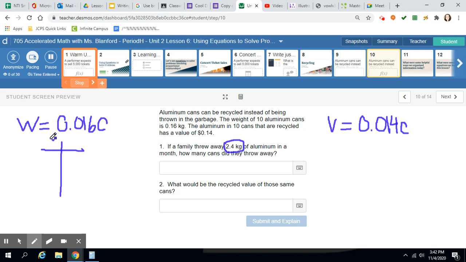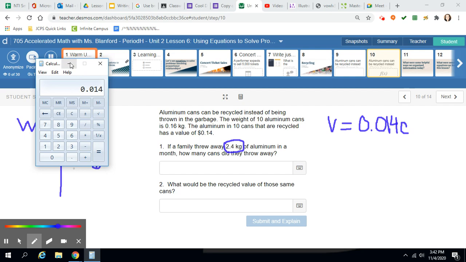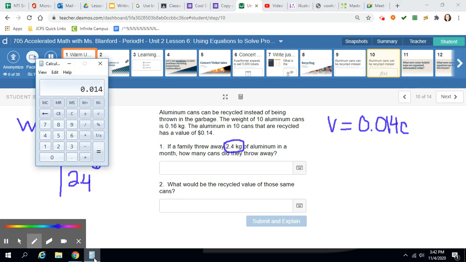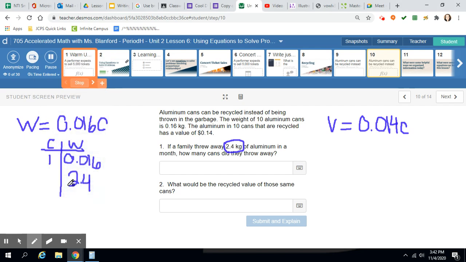So we know one can is this much in weight. So how do I figure out what 2.4 kilograms is in number of cans? Remember, we kind of did this in our warm-up.